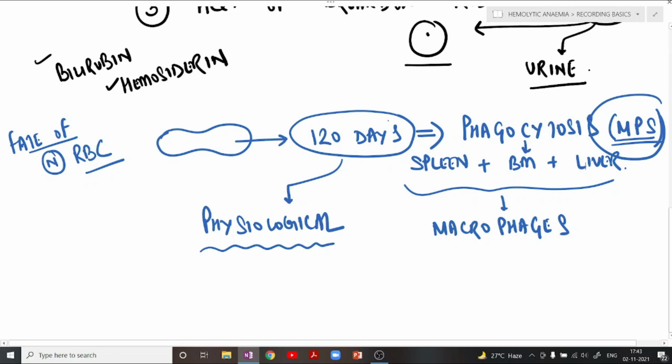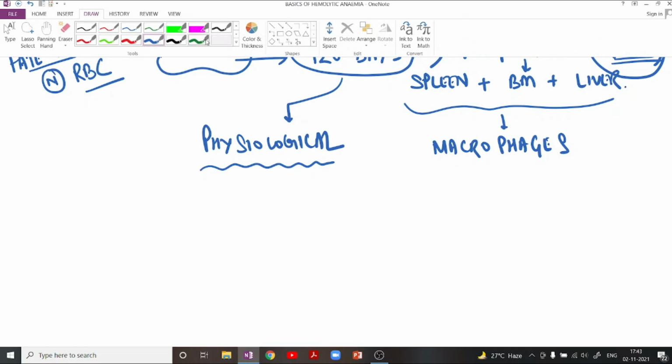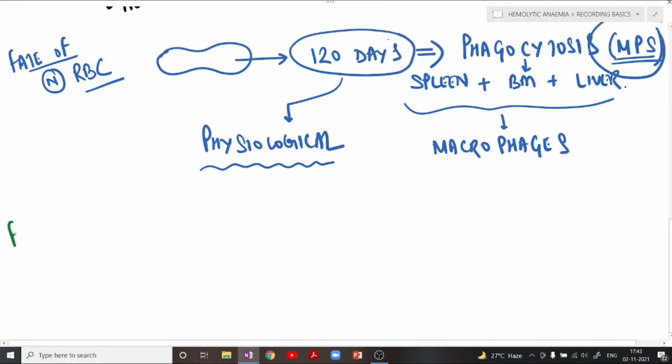Now let us see the fate of RBC in case of hemolytic anemia. So what happens in case of hemolytic anemia? Let us try and understand. Fate of RBCs in hemolytic anemia.